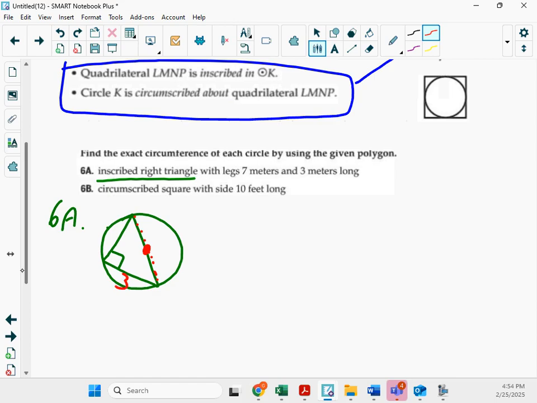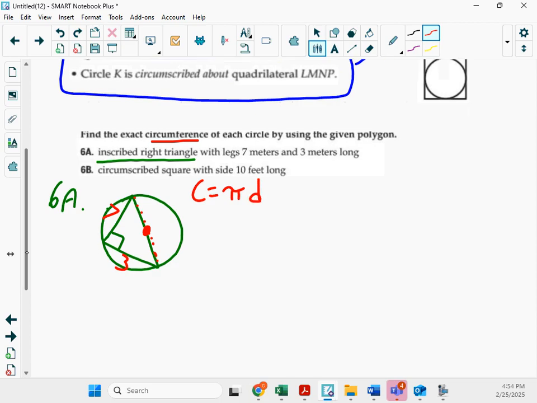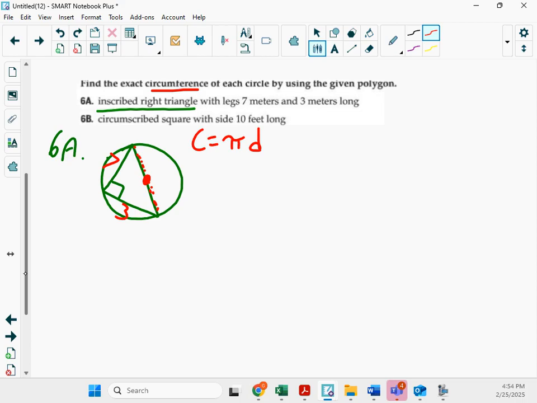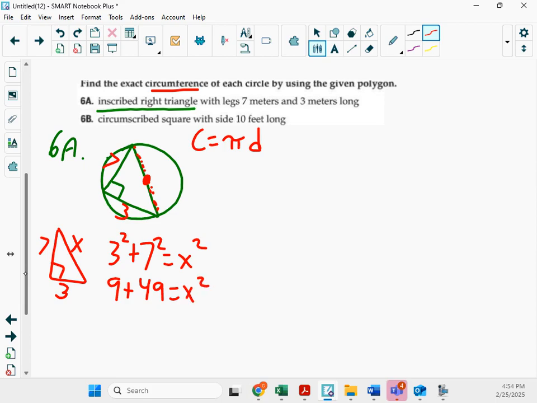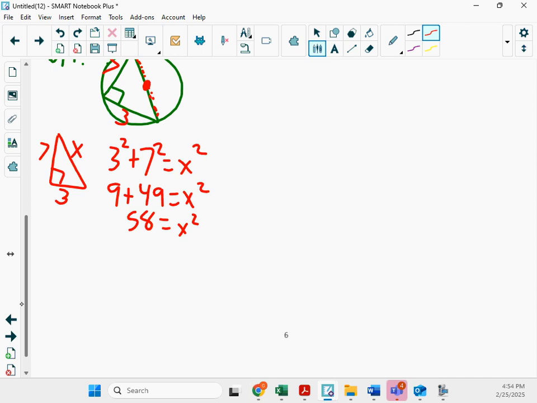So I'm told that the 2 legs of the triangle are 7 and 3. How do I find the circumference? Well, if circumference is pi times diameter, then I've got to find the diameter. How can I get the length of this diameter? Well, a right triangle is still a right triangle. I'm going to use the Pythagorean theorem. And let's see, does that simplify?